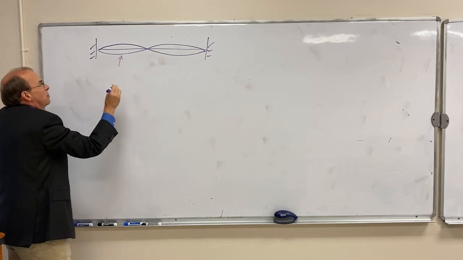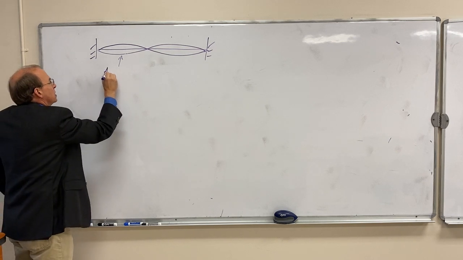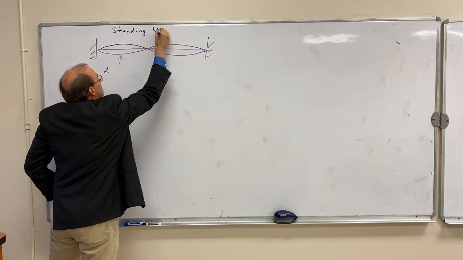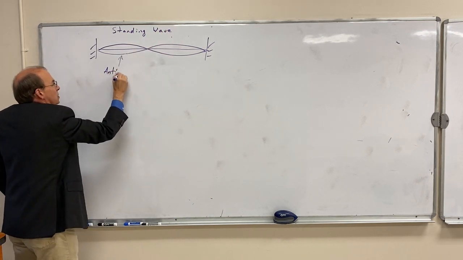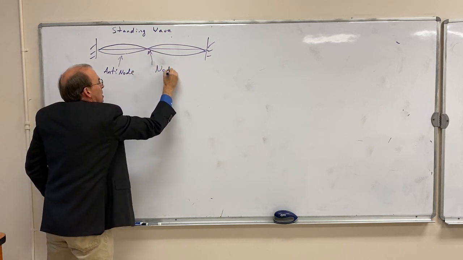This maximum displacement is called an antinode. So this is called a standing wave. This maximum is called an antinode. And this minimum is called a node.